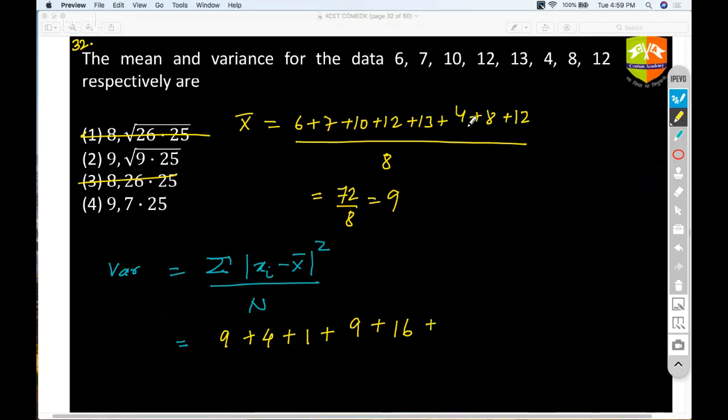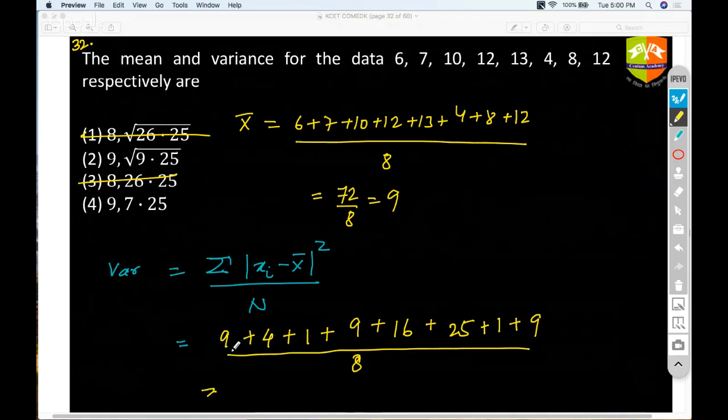From 5, this is going to be 25. Again, from 8 it is going to be 1. And again, it's going to be 9. So the whole thing is divided by 8.